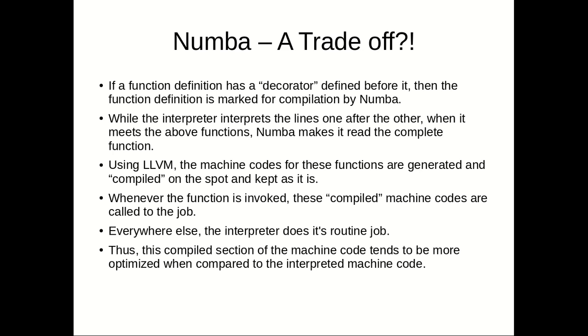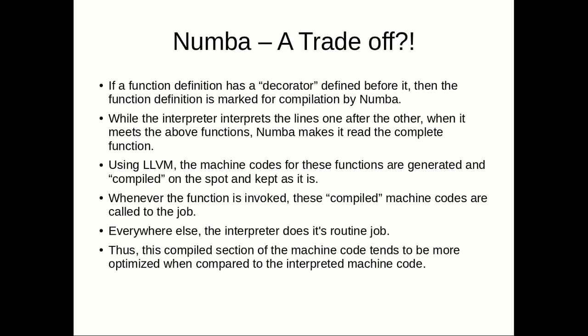So as a consequence, in some parts of the program, your interpreter kind of behaves like a compiler during the execution, and you have some compiled machine code present, generated during the generation of interpreted machine code.